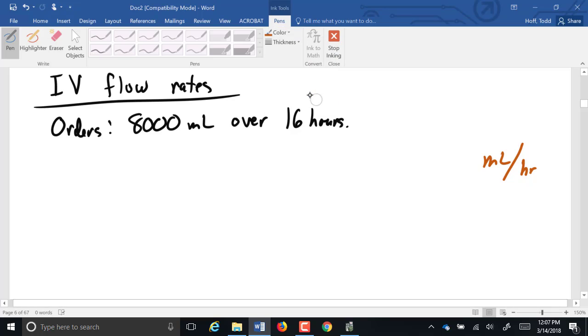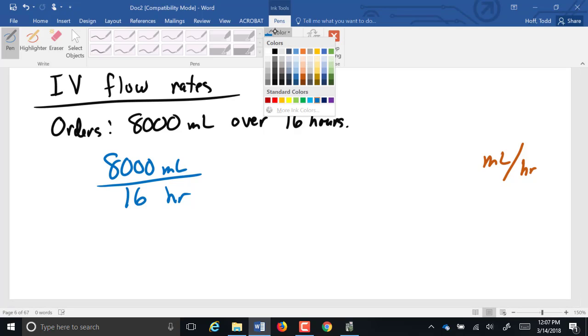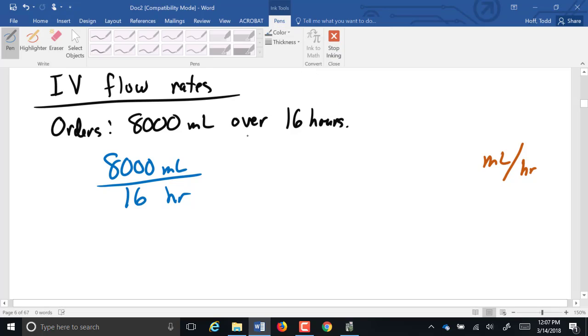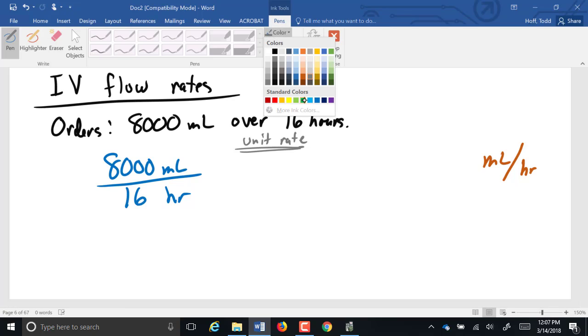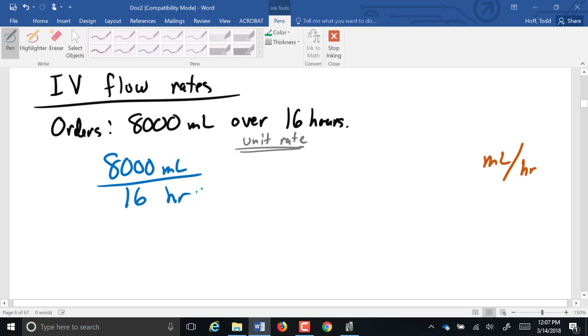So if I want to represent this as milliliters per hour, I put my milliliters on top, and my hours on bottom. It is now in a rate of milliliters per hour, but I want to convert it into a unit rate. Remember, a unit rate involves just taking the denominator, the bottom number, and dividing by its amount.